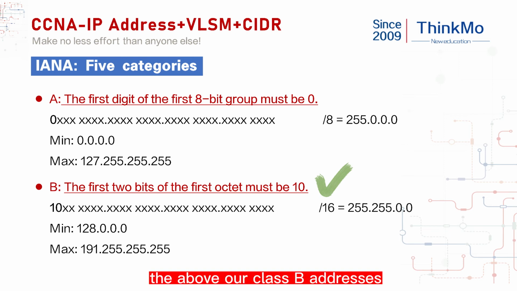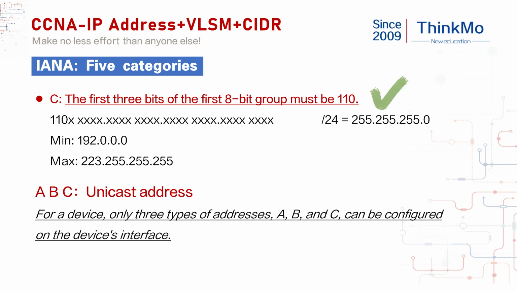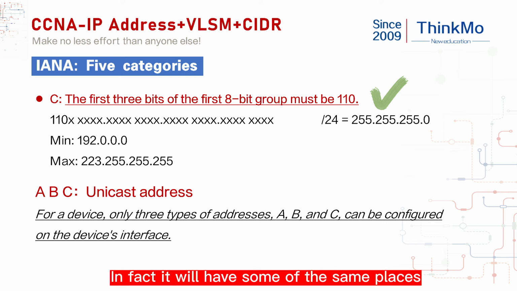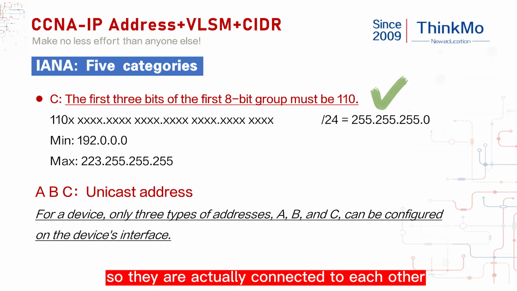The above are Class B addresses. Let's move on to Class C addresses. For Class C, in fact it will have some of the same places. It specifies the first 3 bits of the first octet must be 110. So they are actually connected to each other.